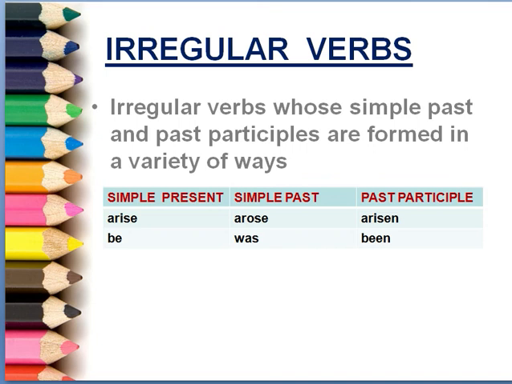Irregular verbs have variety of spellings. Let's see these two. Simple present, simple past and past participle. Arise, arose, arisen. Be, was, been. Let's see another exercise slide.